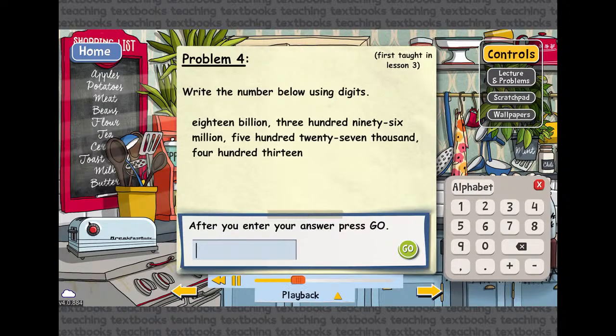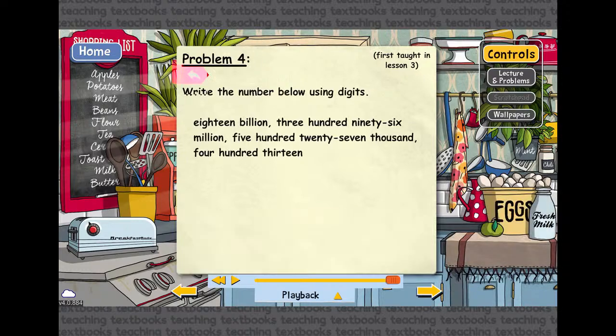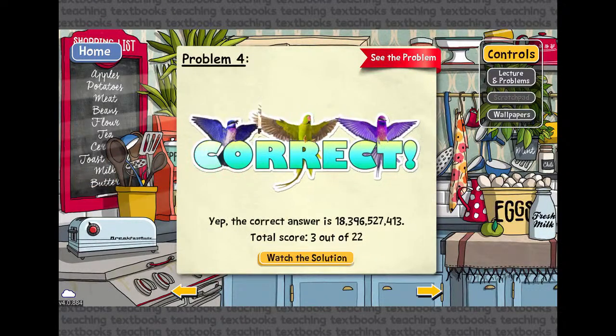Write this number using digits. 18,396,527,413. Cool, bud. Yeah, cool.